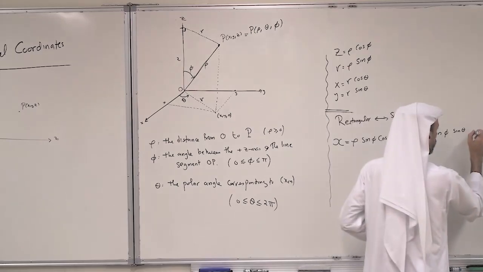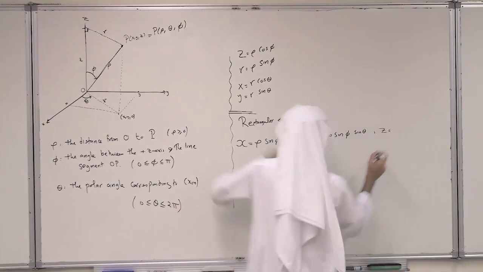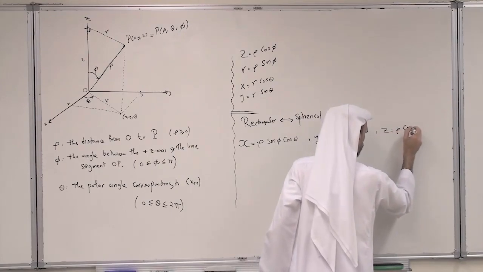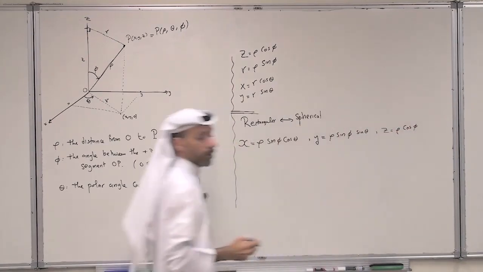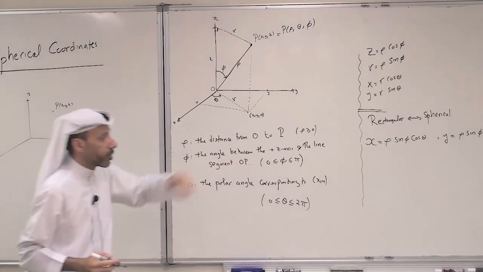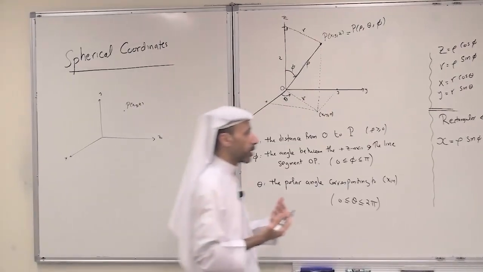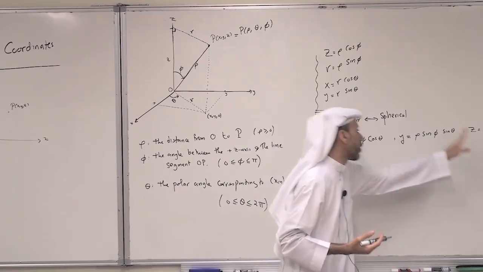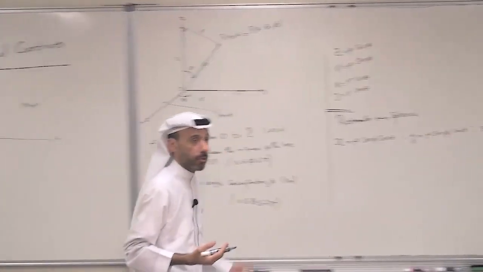What about z? z equals rho cosine phi. So these three relations give us, if you know the spherical coordinates, I can find the rectangular coordinates.